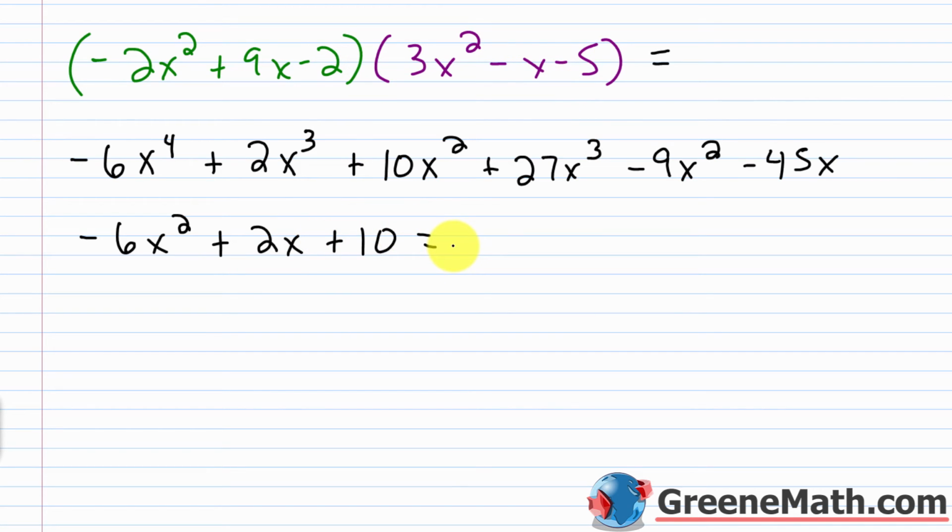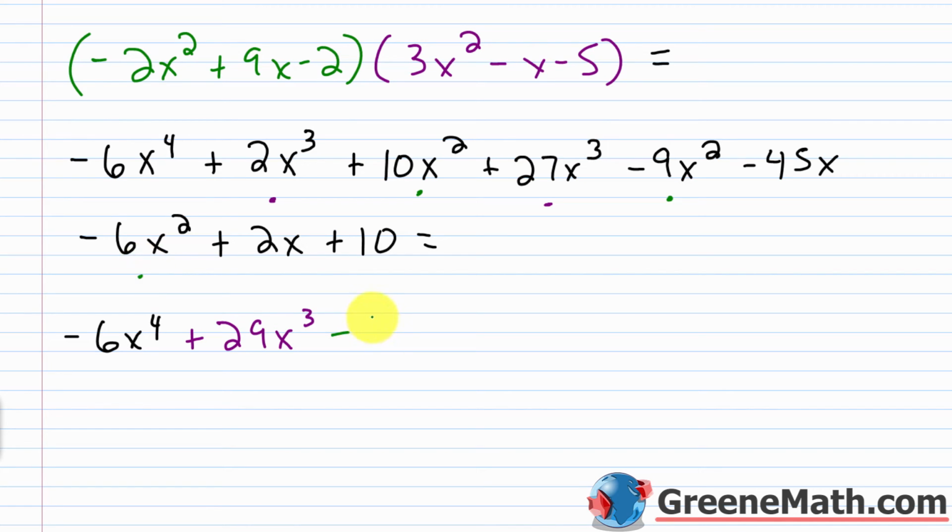All right, so if I combine like terms here, I'm going to get negative 6x to the fourth power. I have a cubed here and here. So 2 plus 27 is 29. So plus 29x cubed. Then I have 10x squared, negative 9x squared, and negative 6x squared. So 10 minus 9 is 1. 1 minus 6 is negative 5.